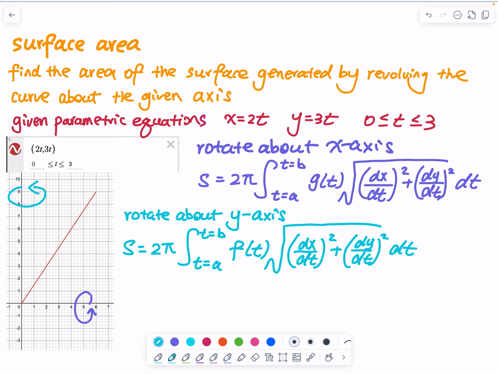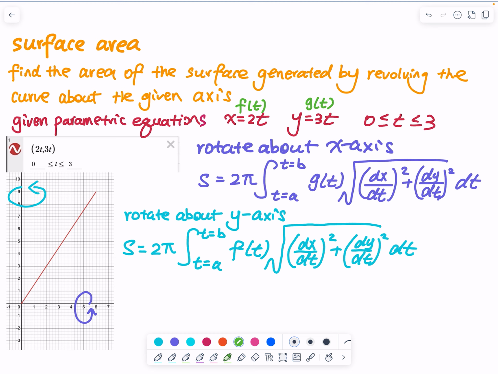All you need to do is, what's the difference? The difference is we have this arc length, and then we have 2 pi times a parametric equation. So what is g of t? g of t is this, and this is f of t.